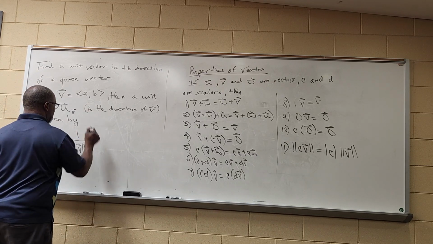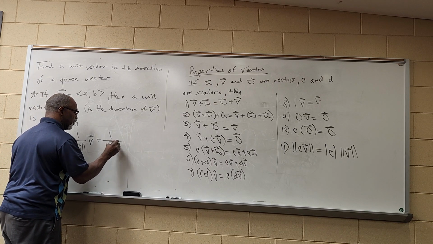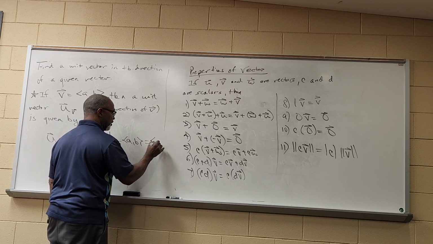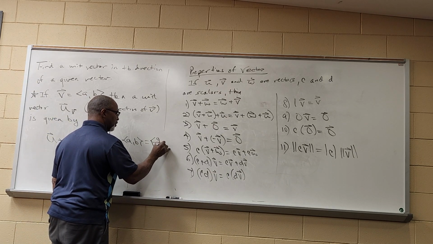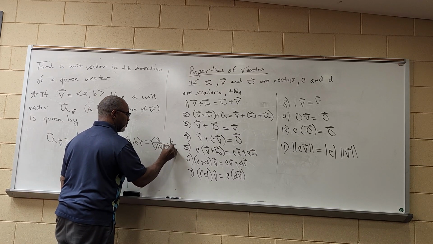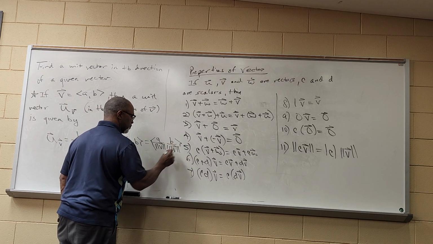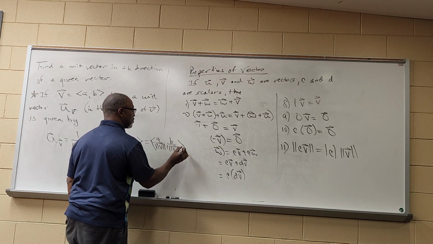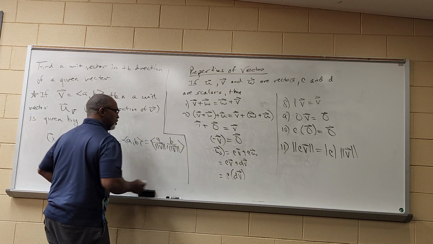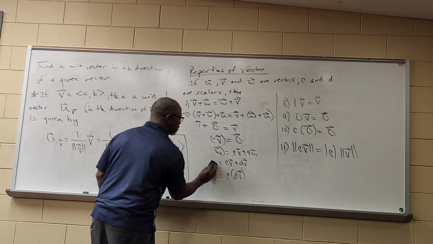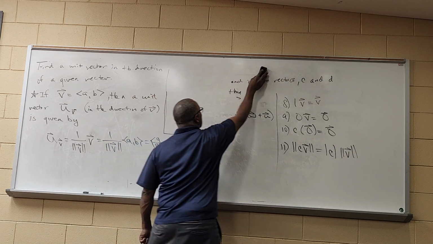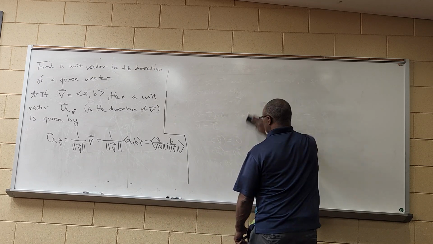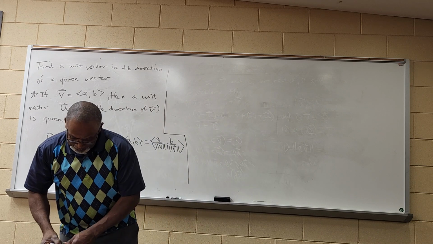And since v is AB, I could write this as 1 over the norm of v times AB, and I can push this through and it becomes A over the norm of v, B over the norm of v. So I can write that formula in any one of those 3 versions. Again, this is how I write a unit vector, length 1, in the direction of a given vector. With that in mind, example 5.